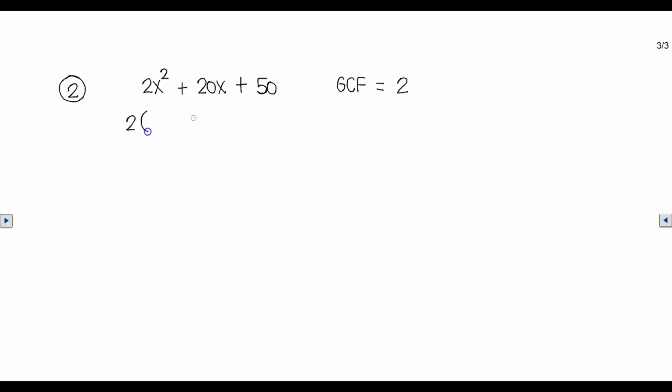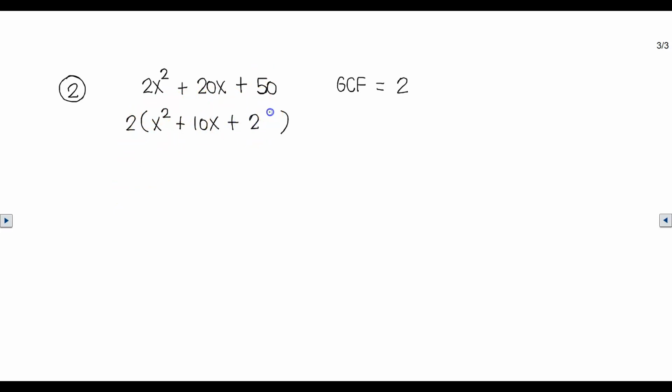So that 2 will give you your start for your multiplication problem. So 2 times the first term has to give you 2x squared, so that needs to be an x squared. 2 times the second term has to give you positive 20x, so that should be a positive 10x. And then finally, 2 times the third and final term would have to give you a positive 50.